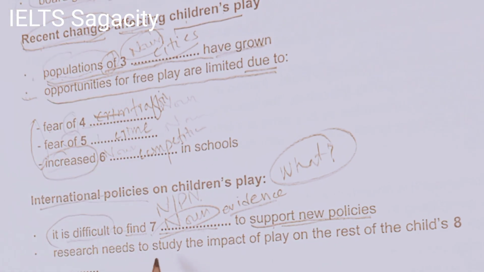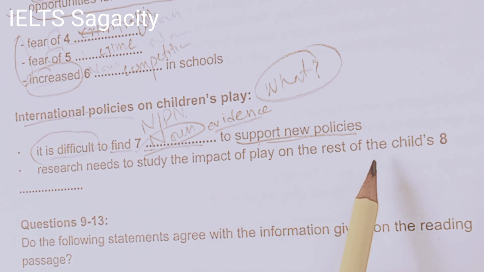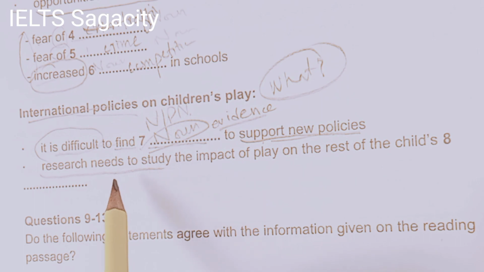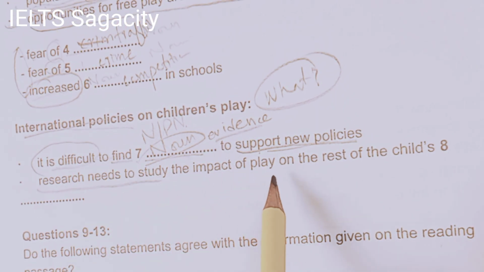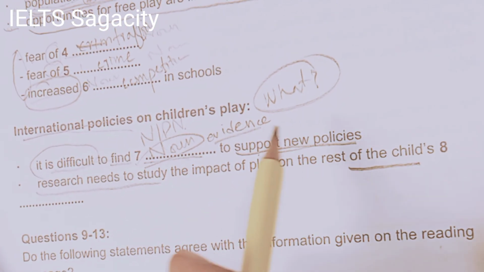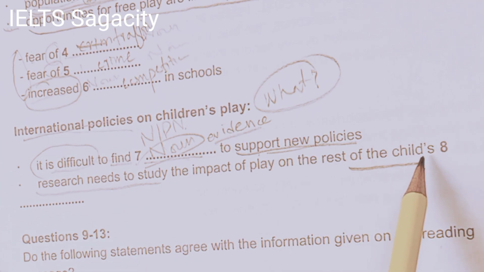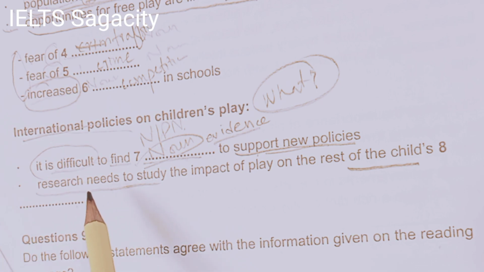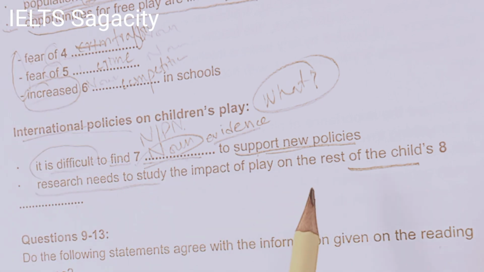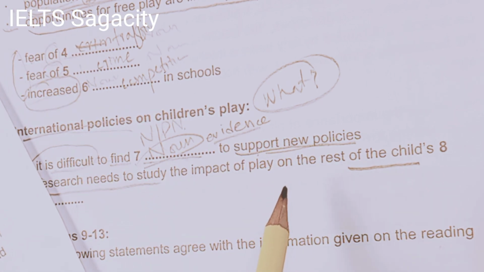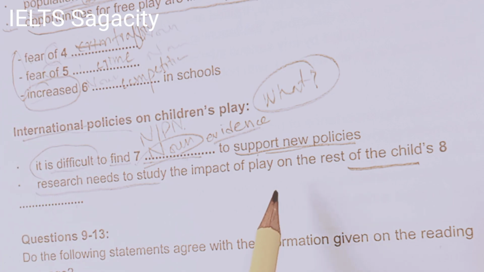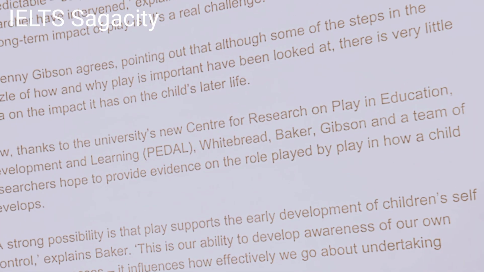And next, research needs to study the impact of play on the rest of the child's dash. Research needs to study, it hasn't done yet, the impact of play on the rest of the child's dash. Child's dash, possessive noun it is, so of course it has to be another noun. Child's dash could be an adjective as well, because child's confidence, but it has to be a noun.